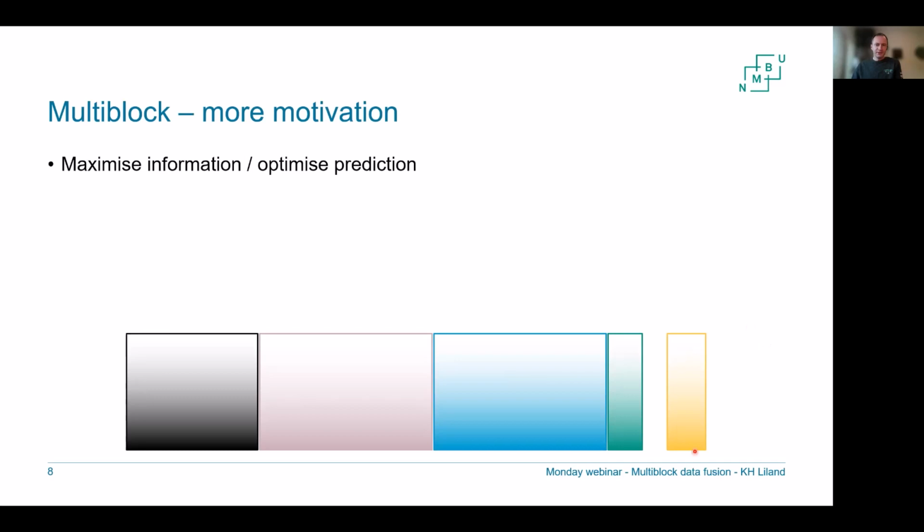So let's say that we have some expensive reference measurements in yellow here, and we have some relatively cheap spectroscopic measurements in different blocks here. Let's say that I have my NIR and my FTIR and my Raman measurements here, maybe some laser-induced breakdown spectroscopy or something more expensive maybe here.